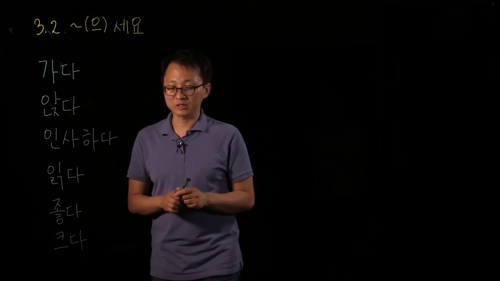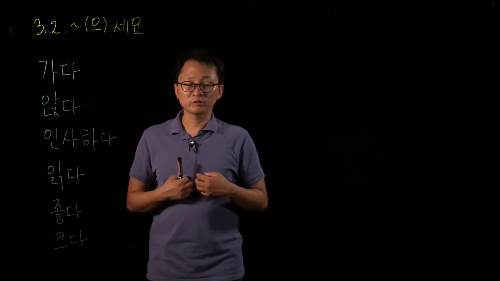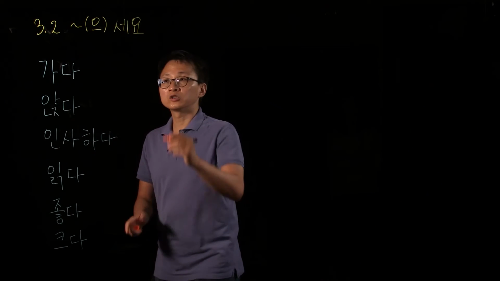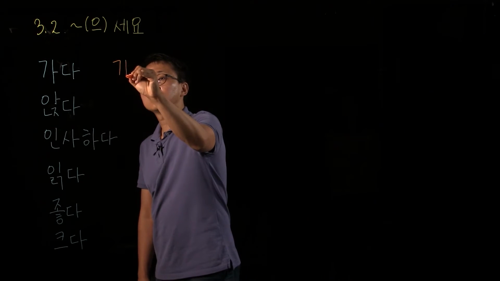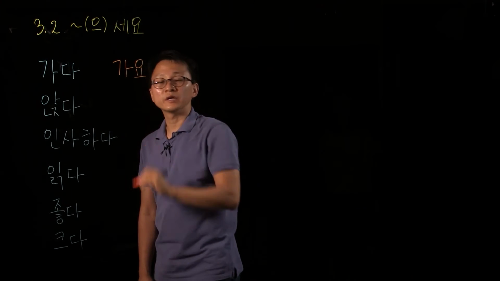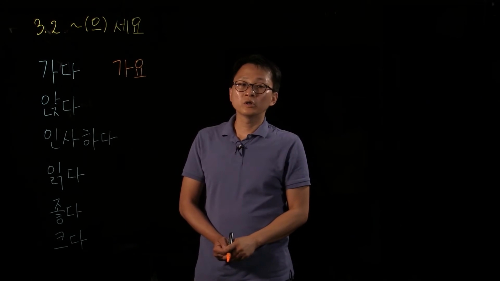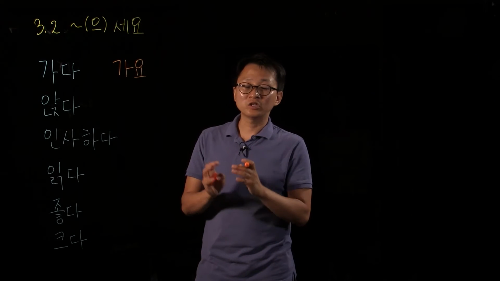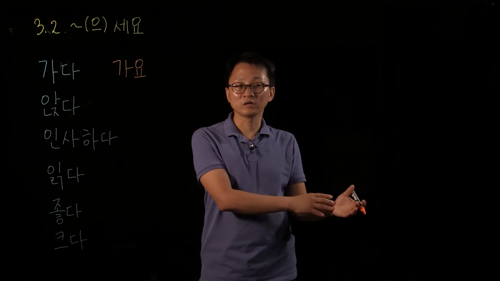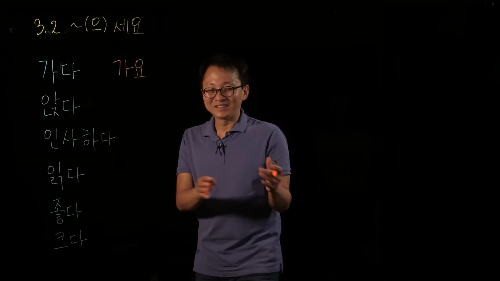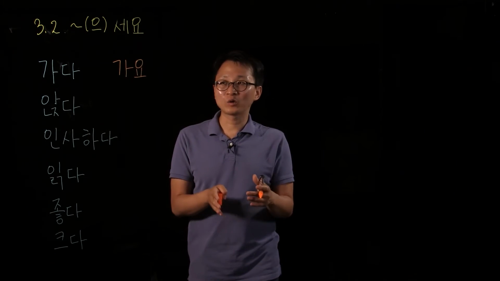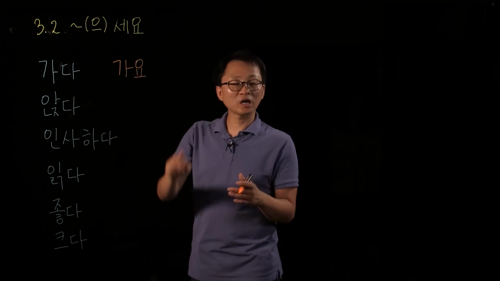So let me give you an example. You are talking about yourself. I'm going to school right now. Then 저는 학교에 가요. 그렇죠? Yeah, you say this way. But you are describing your teacher's action. So teacher is going to school. Then how do you say that? 선생님은 학교에 가요 is not polite enough.